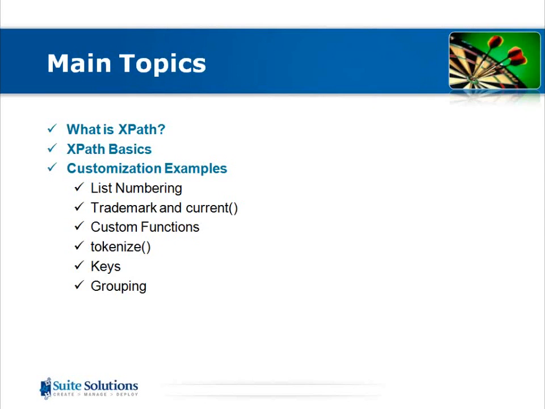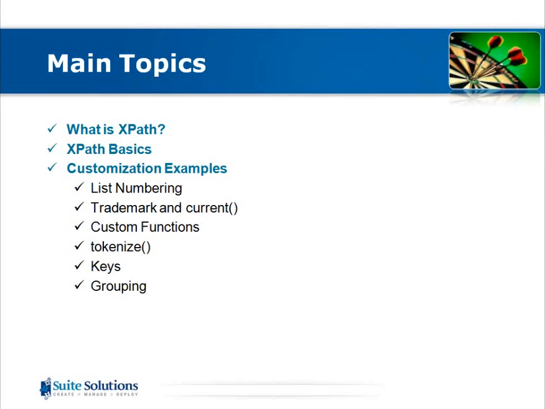The list numbering was simply selection, looking at the ancestors. Trademark looked at all the preceding nodes and made use of the current function. We defined some custom functions in order to allow a client to convert certain strings into title case. We looked at the tokenize function in order to allow a client to match a particular output class within a set of output classes.